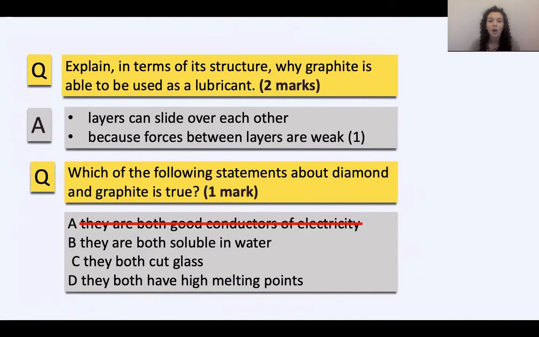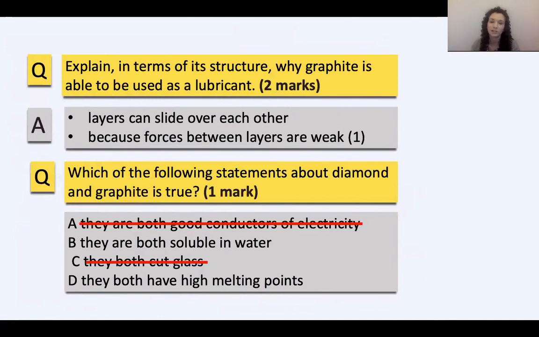Brilliant. So we can use a process of elimination here. I know that it's not A. They're both not good conductors of electricity, because I can remember that graphite is the only giant covalent compound that can conduct electricity, because it's special, because it's got those free electrons. So it's not A. It's not that they can both cut glass.